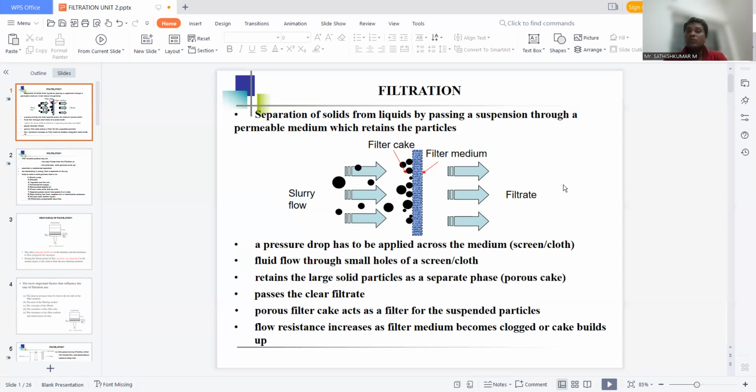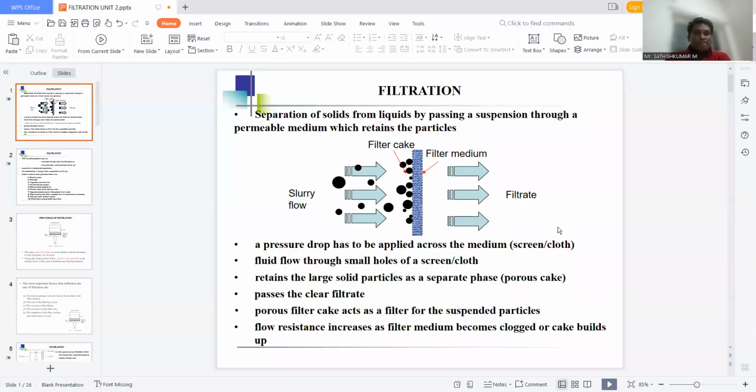The filter aid is responsible for preventing coagulation of filter cakes. If the cake coagulates, it forms a layer on the filter medium. If you add filter aids, it reduces the coagulation of cakes on the filter medium. This is how filter aids enhance the filtering process.